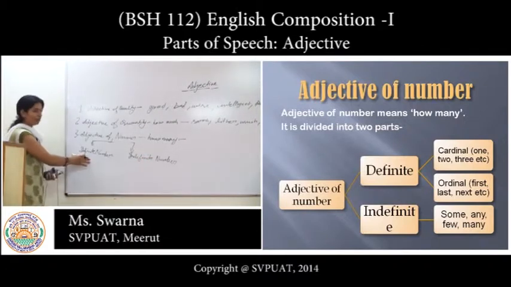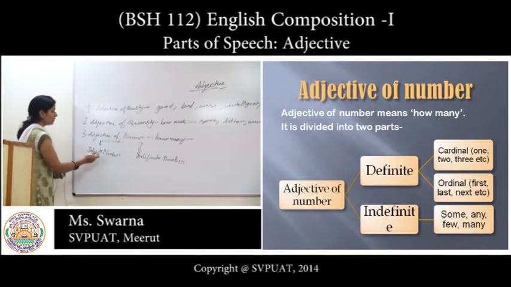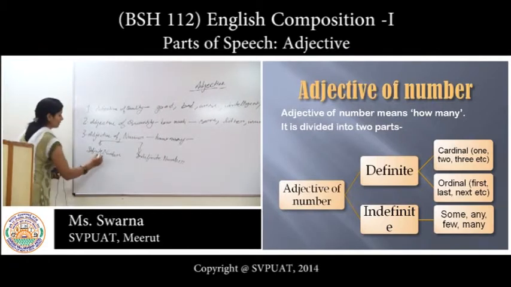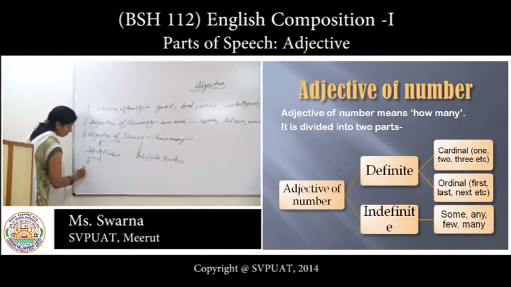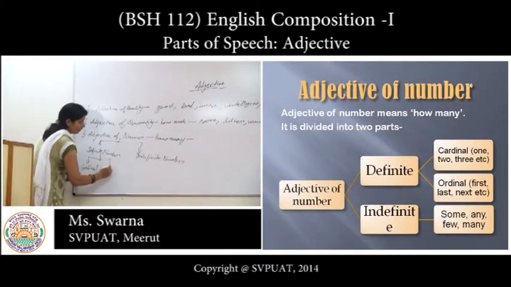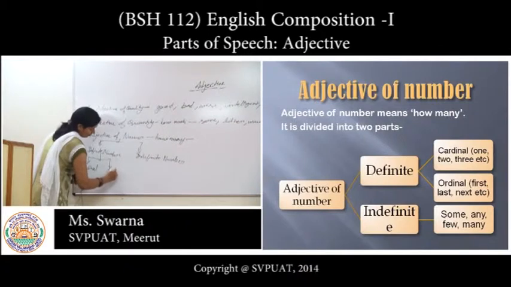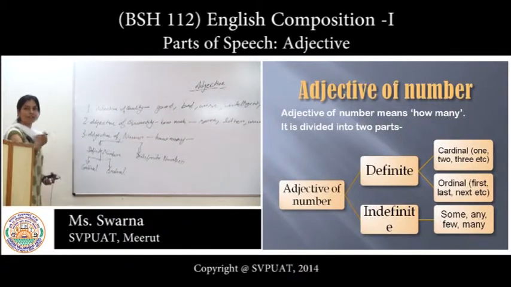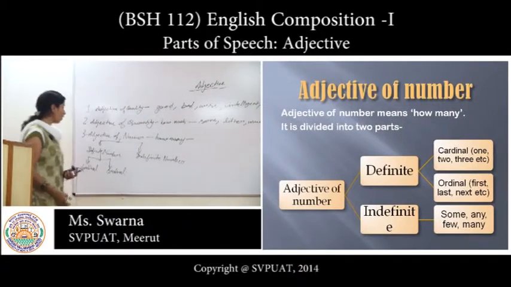Then definite number is divided into two parts, that is cardinal number and ordinal number. What is cardinal number and what is ordinal number?